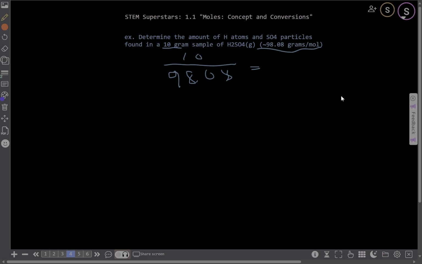And you should get about 0.102 moles of your sample. And now we can multiply that by Avogadro's constant, and we should get about 6.14 times 10 to the 22 molecules.